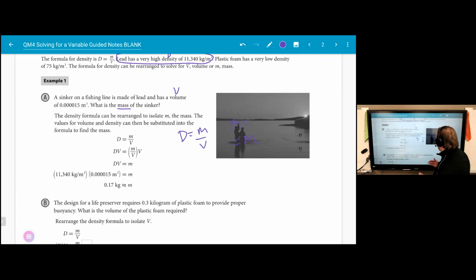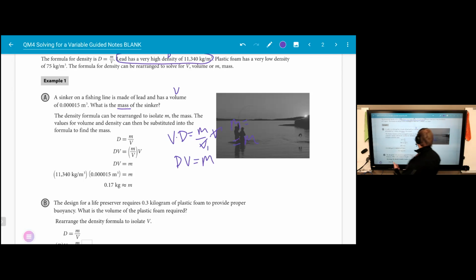The only thing happening to M is it's being divided by V. What is the inverse operation of division? Yeah, multiplication. So we need to multiply both sides by V. And then I'm going to rearrange this as D times V equals, well, this simplifies to 1 times M, which is M. There we go.